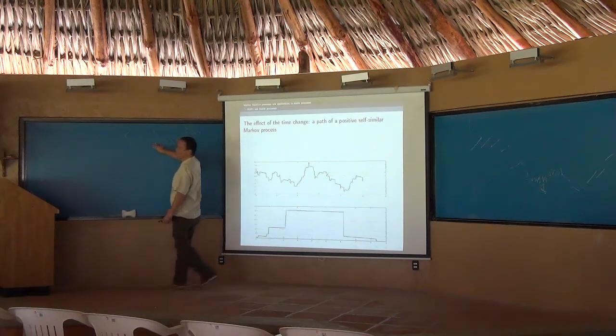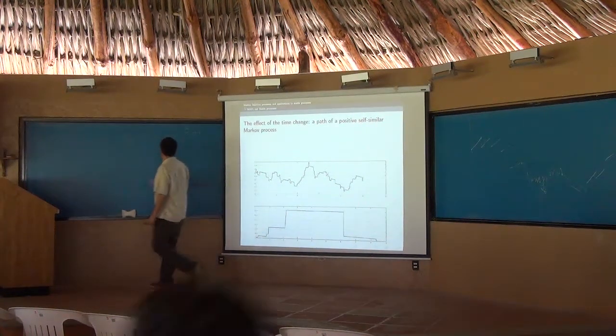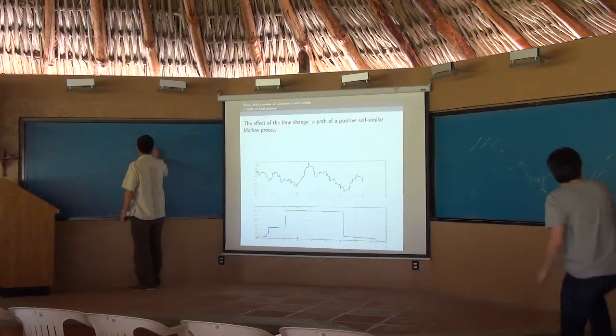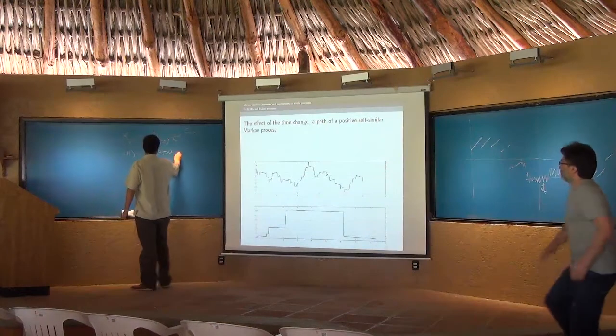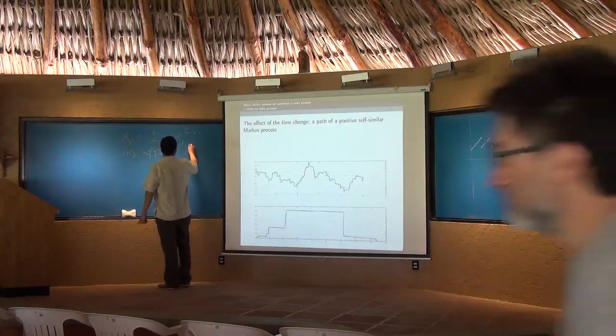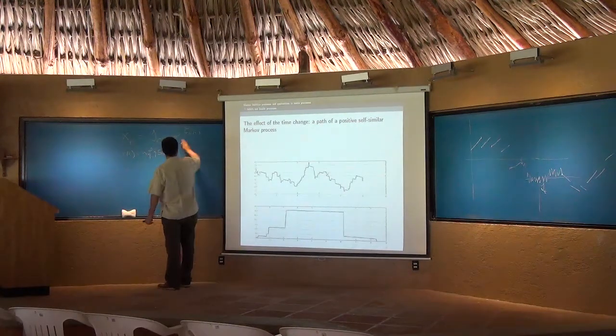So J is the angle, this is the radius, and C_t is the first time where we accumulate enough, where the integral of the exponential of psi_u du passes above the level t.